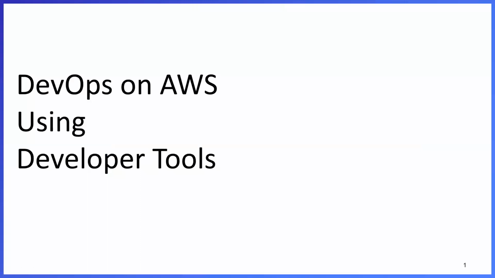So participants, all we have been building, as you are aware, are DevOps pipelines. Now it's time for us to start building another pipeline. But this time we will not be using any open source products, because till now we have been using a lot of open source products, or services from outside the AWS cloud.